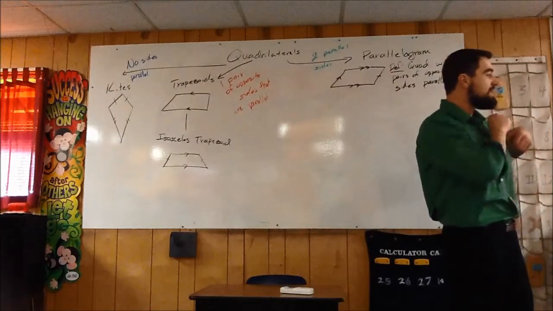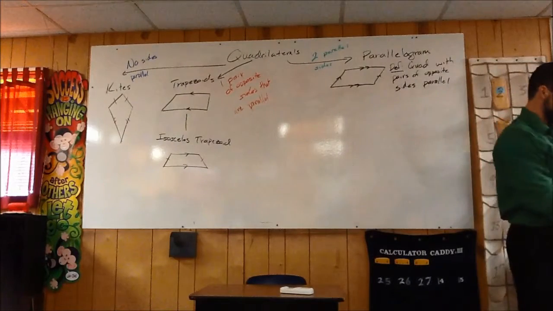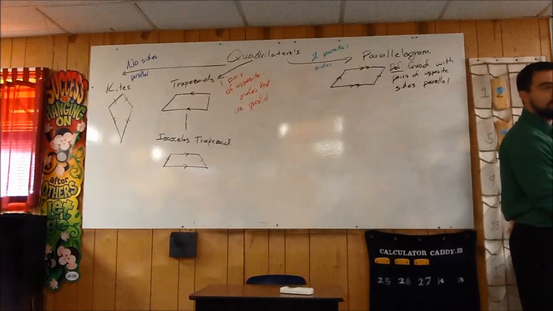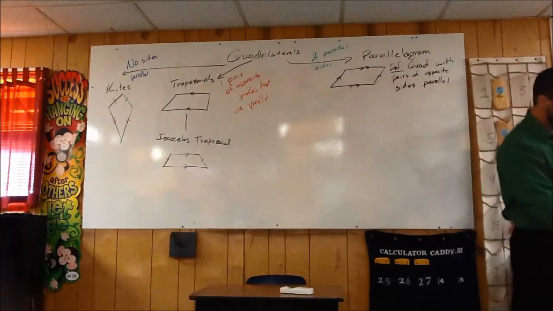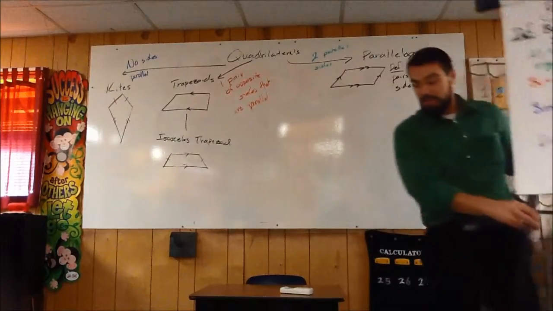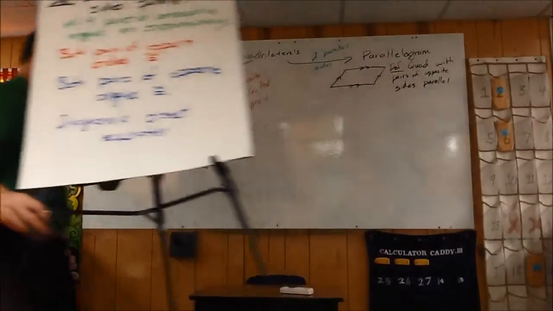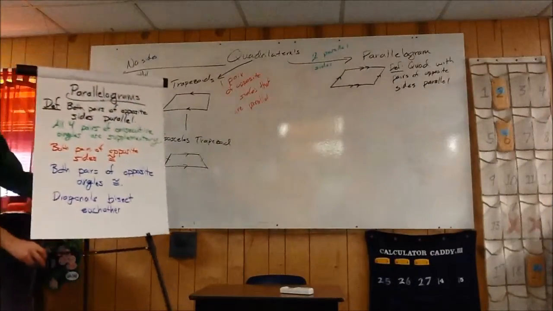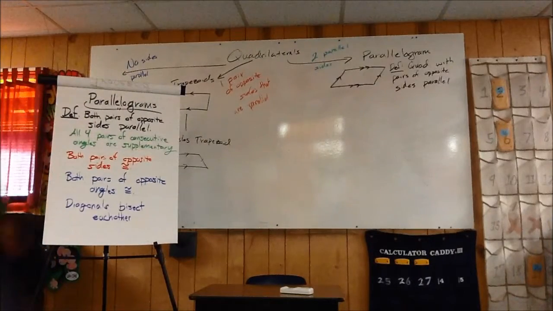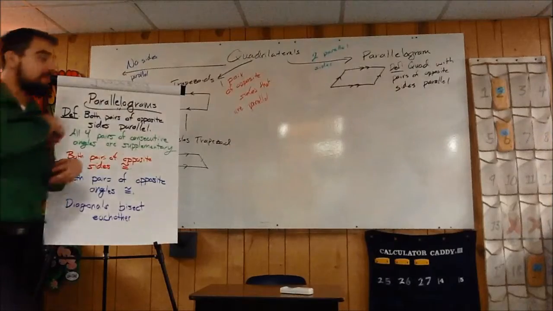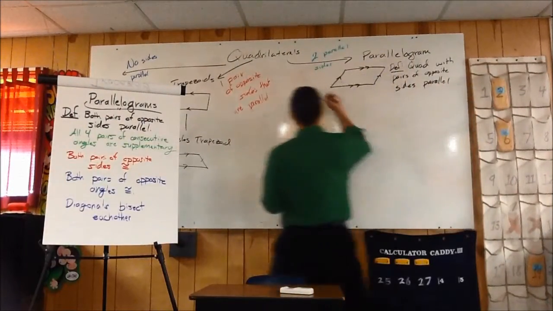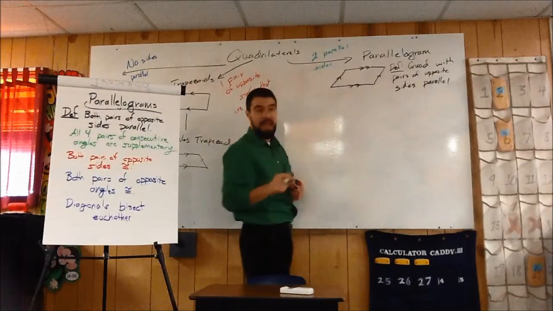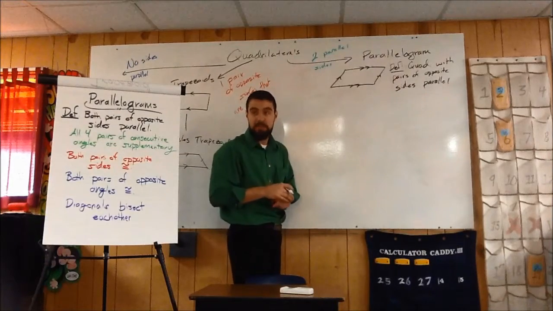And so looking at this list, the next property that you need to write down is that the consecutive angles, we don't need to see kites and trapezoids anymore. The next thing we're going to write is that all four pairs of consecutive angles are supplementary. That's our next fact.